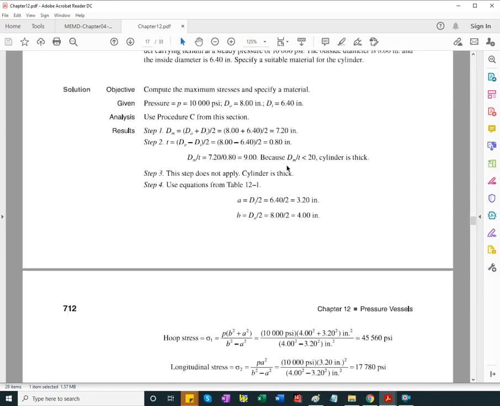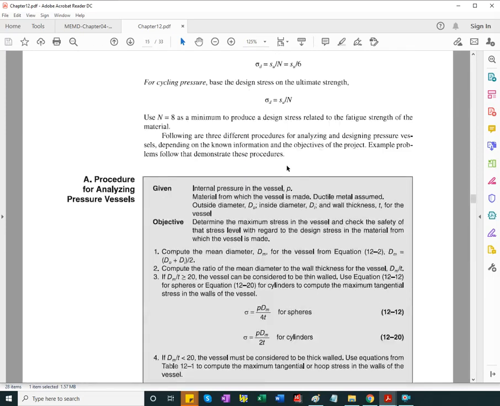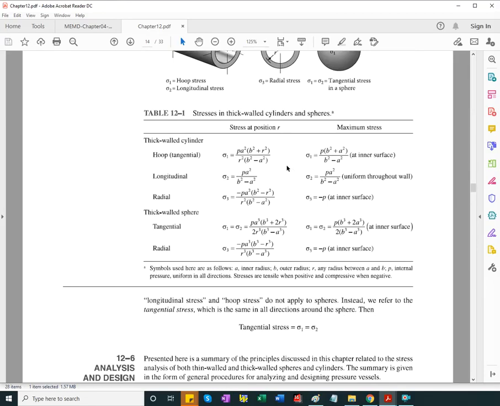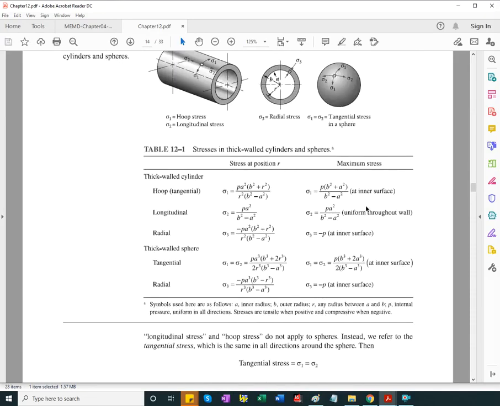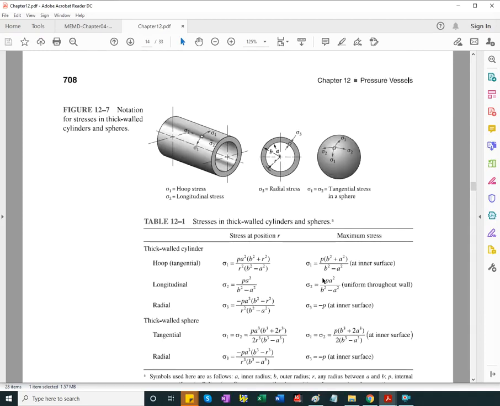The book provides, without any justification, a set of equations that could be useful to calculate the hoop, longitudinal, as well as radial stresses in a thick wall cylinder, as well as tangential and radial stresses in thick wall spheres.